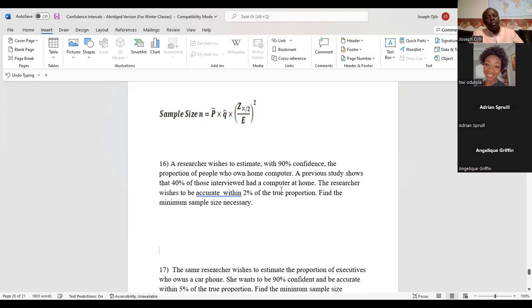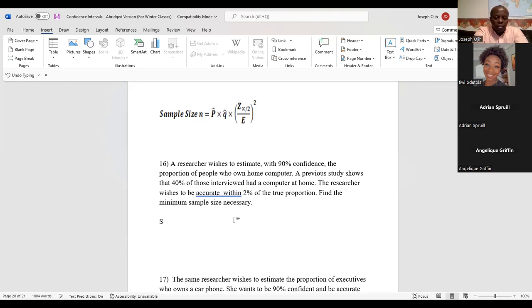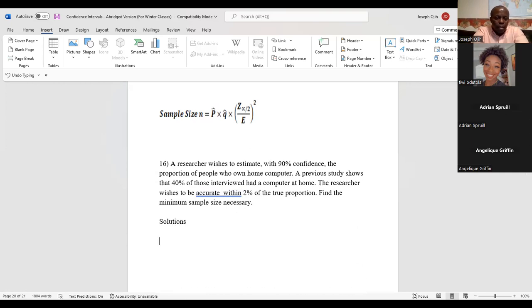To do that, first of all, let's write out what we are given. The proportion of people who own home computers, so p hat is 40%. We can't get q hat from here, so I'll take it to the workbook that will give us q hat.